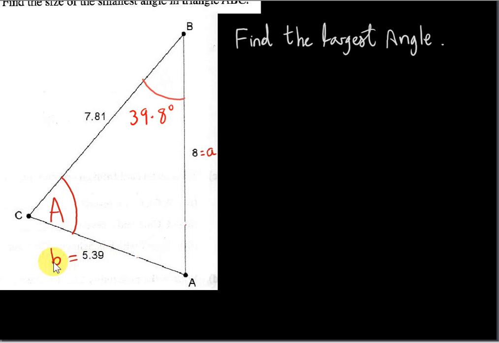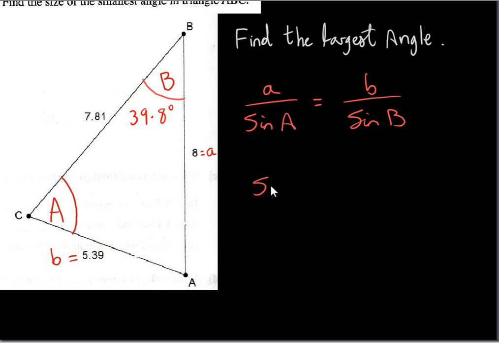So we call that small b, small letter for the side, and the angle that's opposite the side is capital B. So the sine rule says that in any triangle, a divided by the sine of A is equal to small b divided by the sine of big B. Now we're interested in sine of A here, so to get at that you could turn both sides upside down. Well, you don't have to, you could also just cross multiply and rearrange, but here's probably another way to do it, maybe a bit easier.